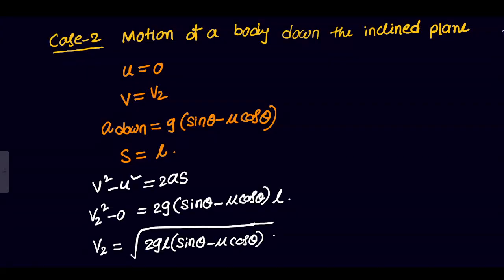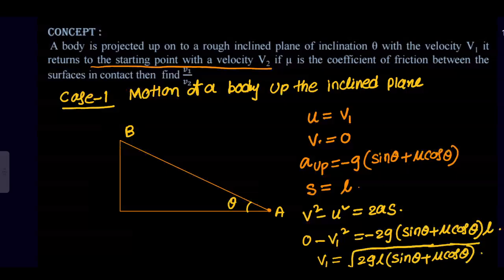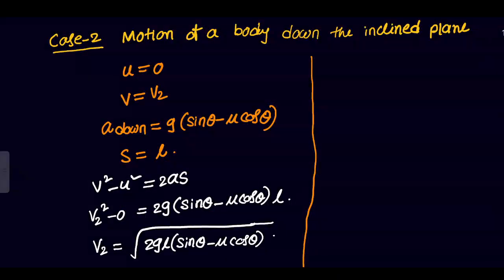So we got v1 and v2. Now what do they ask in the problem? The ratio between these two, v1 by v2 or v2 by v1? v1 by v2. We need to find v1 by v2.